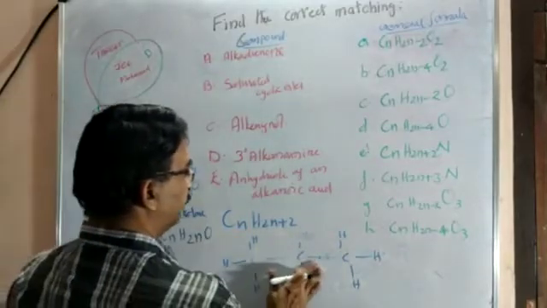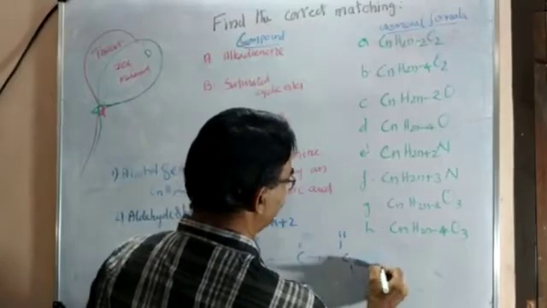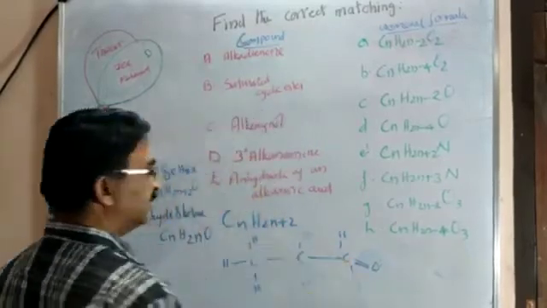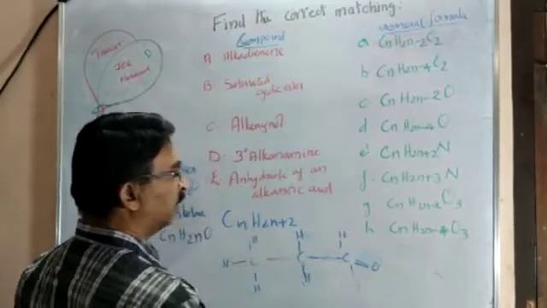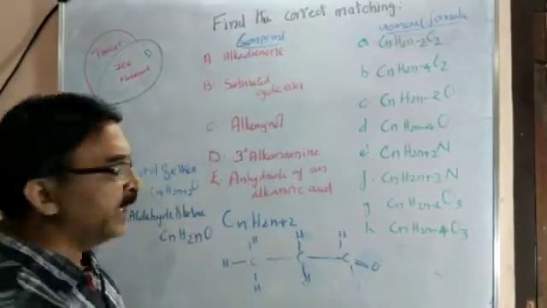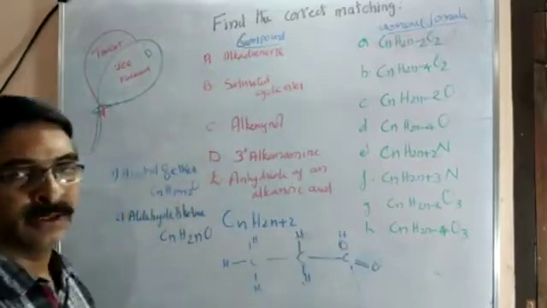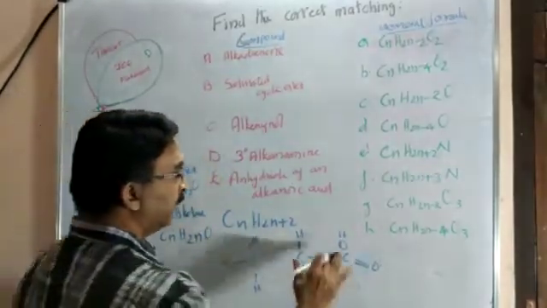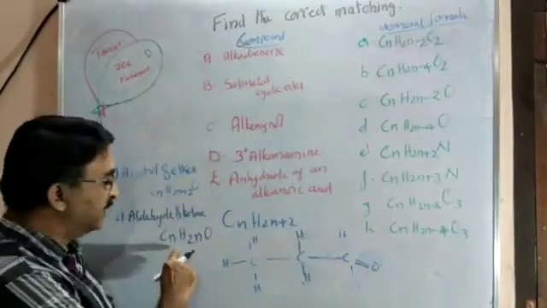Again, this is aldehyde with the general formula CnH2nO. Suppose you additionally insert an oxygen in the CH bond, you have an acid, and its general formula will be aldehyde plus one oxygen, CnH2nO2.